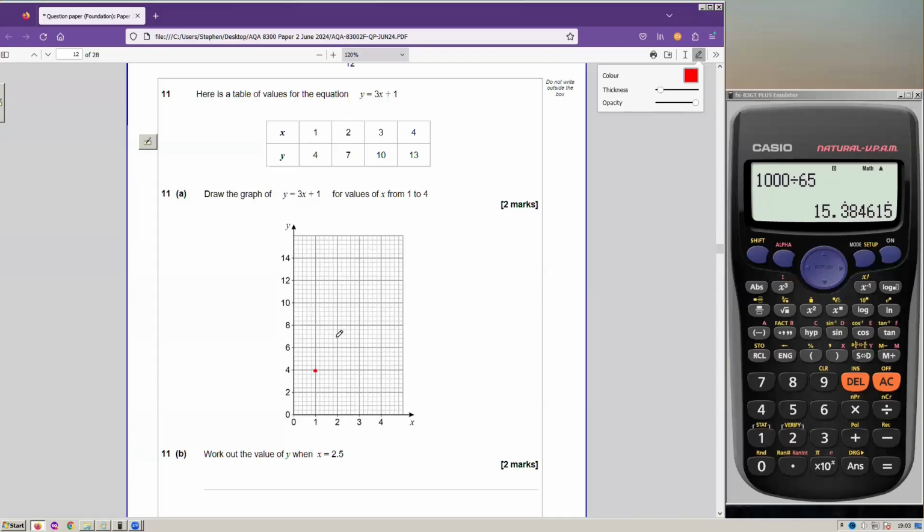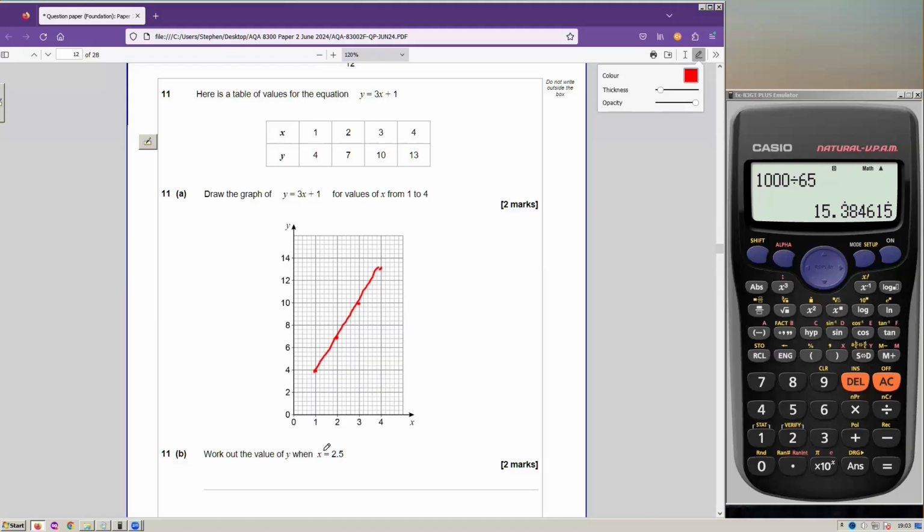Just there. Of course, it's going to be a straight line. So next one is 3, 10. And the next one is 4, 13. Just in there. Okay. And we've got to draw the graph and they only want it between those points, so we do them between those points.